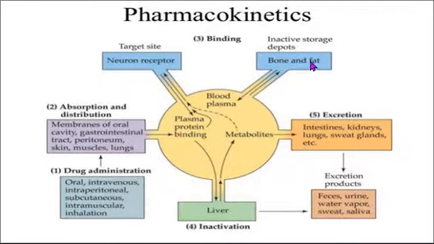Some gets deposited in the bone and the fat. Some are bound to protein and they can't be used right away by the body. Then you excrete it. Your intestines, kidneys, lungs, and sweat glands all have something to do with excretion. Your liver has a lot to do with metabolism, your inactivation, with your first pass effect, which we will talk about.